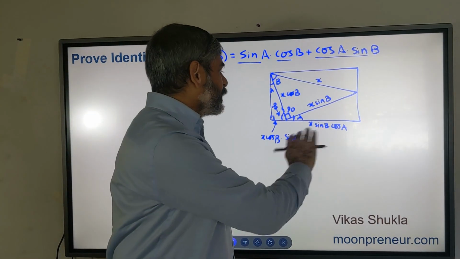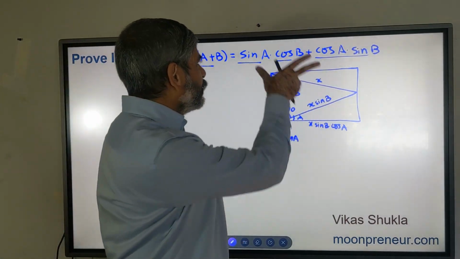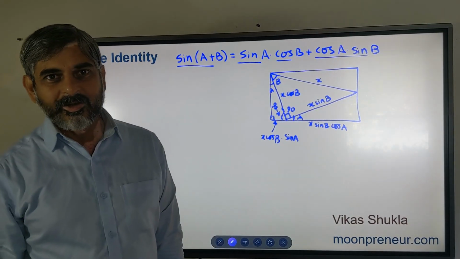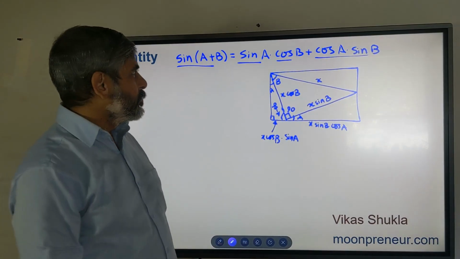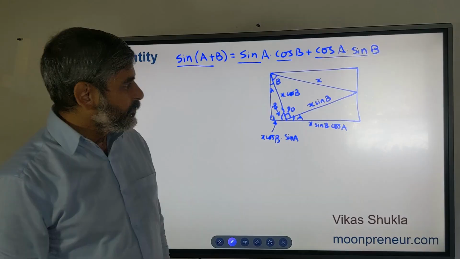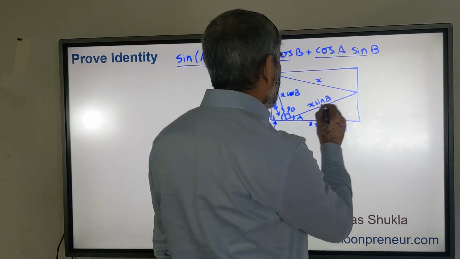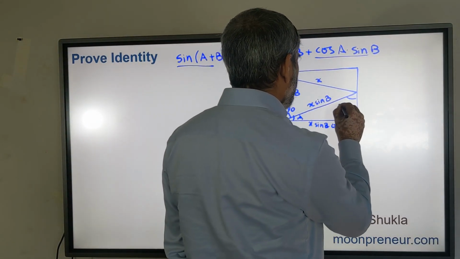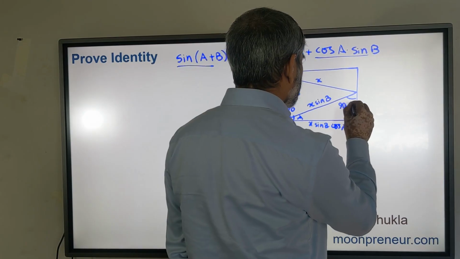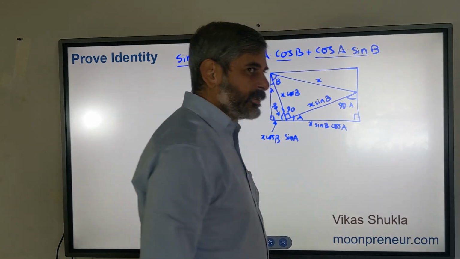You are probably getting a feel that this is going to be the right hand side of the identity. But how is it going to be equal to sin(A+B)? So let's continue. This angle is A, so this angle is going to be 90 minus A because this is 90 degrees.